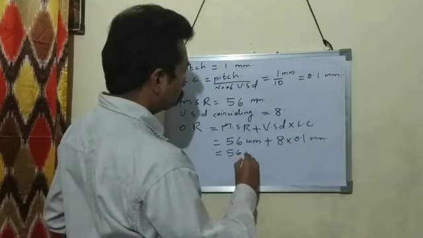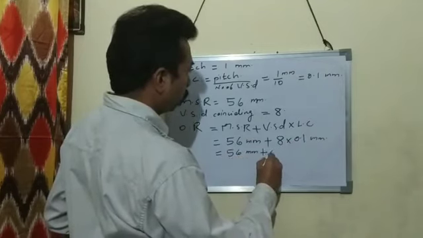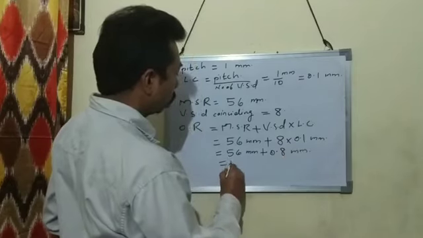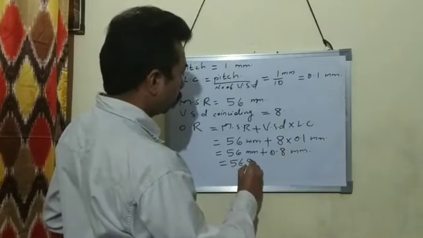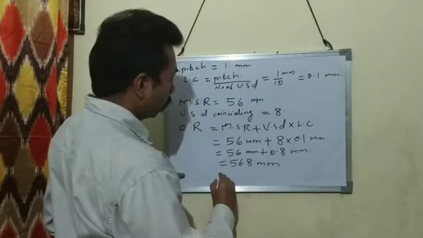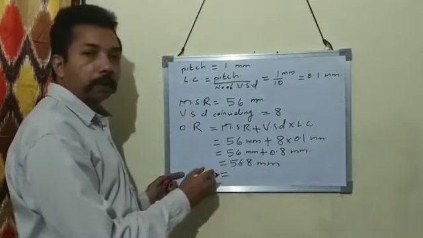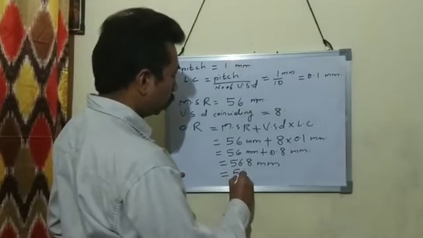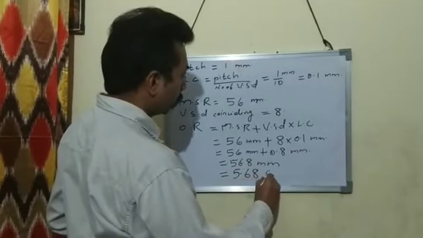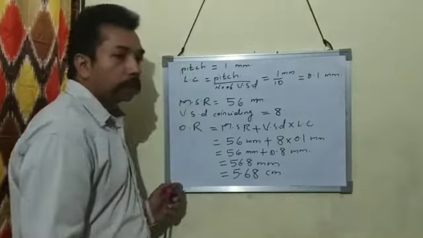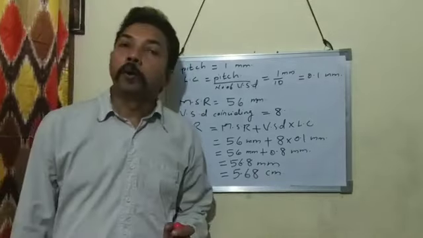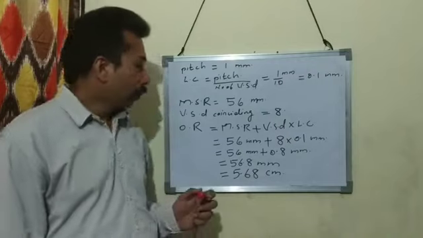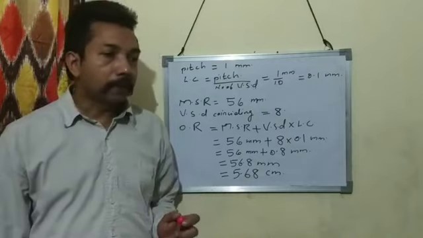So 56 millimeter plus 0.8 millimeter is equal to 56.8 millimeter. To convert millimeter to centimeter, we divide by 10, which is equal to 5.68 centimeter. This is the observed length.